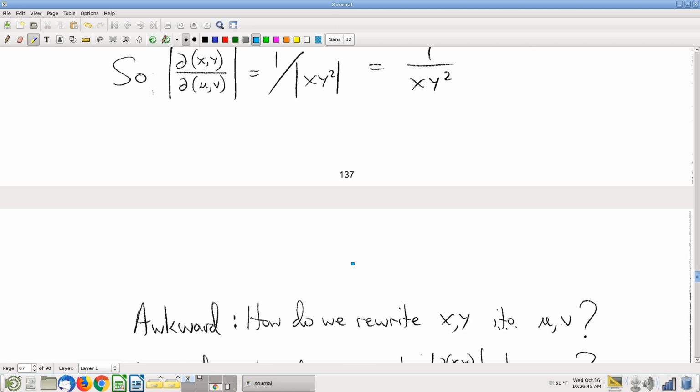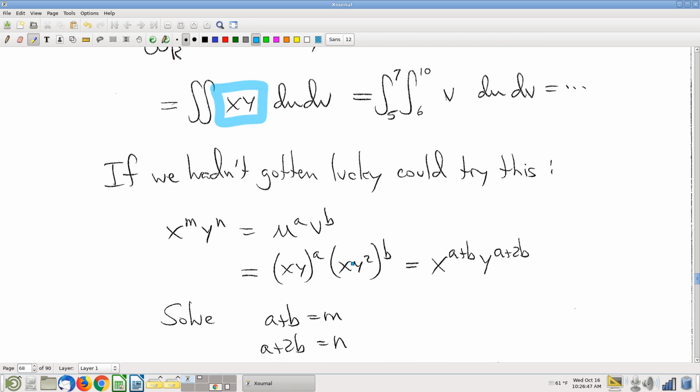Now, I'm going to propose, in this case, if we hadn't gotten lucky, I've got some expression involving x's and y's. Maybe it's x to the m, y to the n, and it's not exactly something I already have.